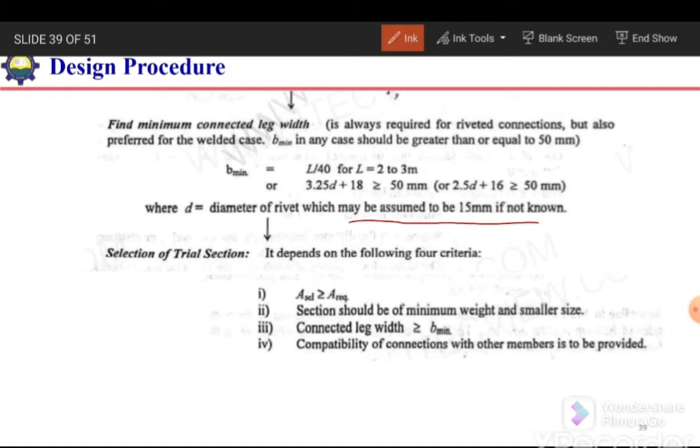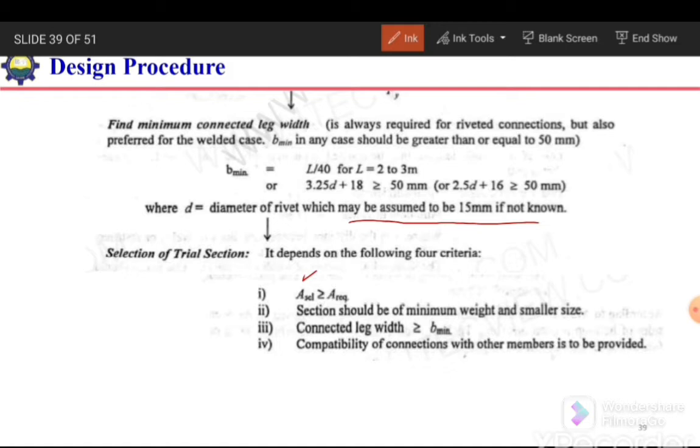Okay, now we have the required area and minimum width, so we need to select the trial section. The trial section will be selected based on four criteria. The first criterion is that the selected area should be greater than the required area. So the section that we select should have a larger area than the required area that we calculated based on the previous two equations.